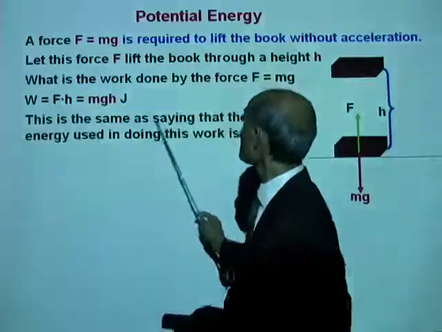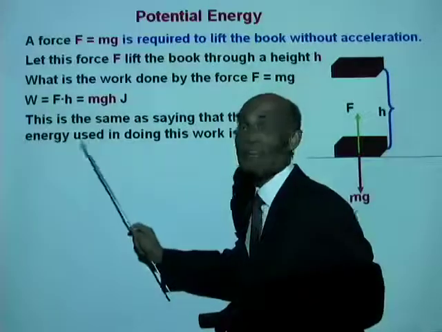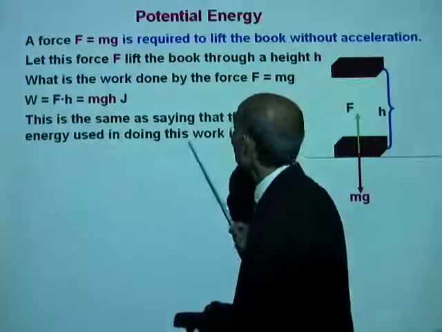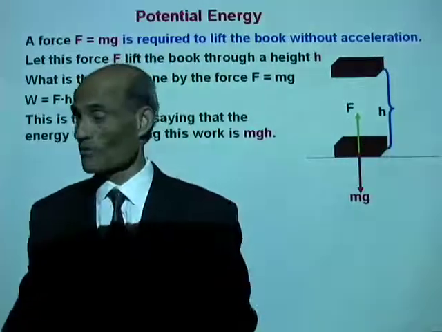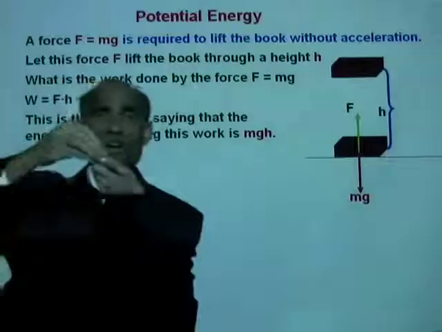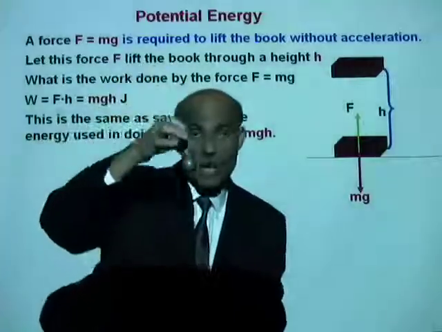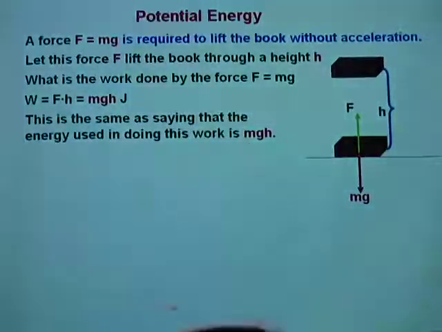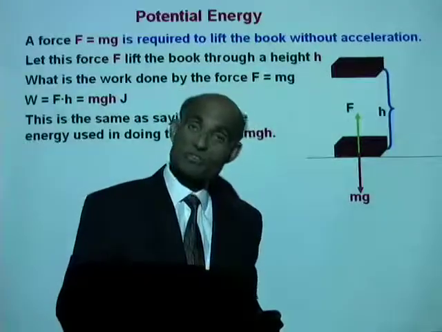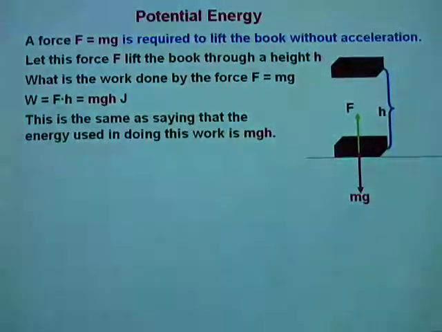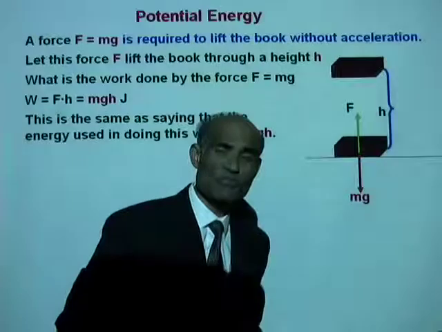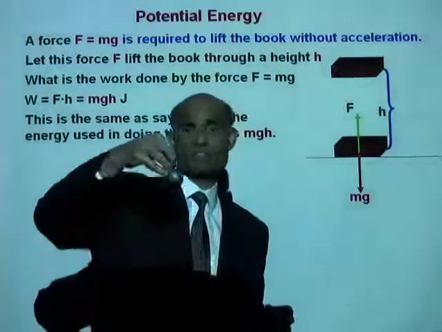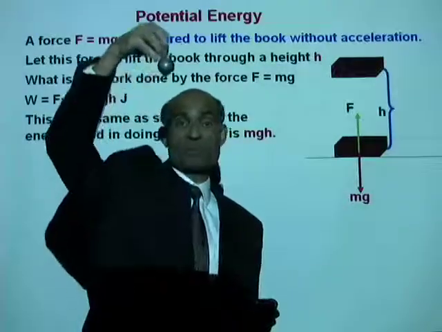Well, this is the same as saying that the energy used in doing this work is mgh. If I have this object of mass m lying on the floor, and I'm going to lift it through a height h, I'm going to apply a force equal to mg, and that force mg is lifted through a height h.